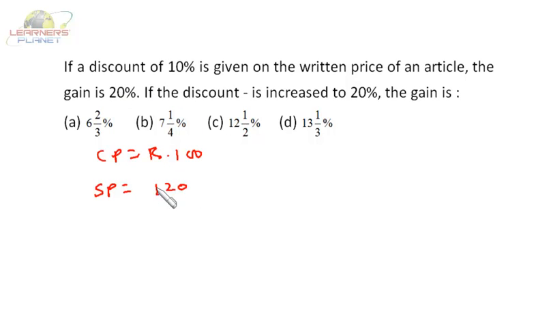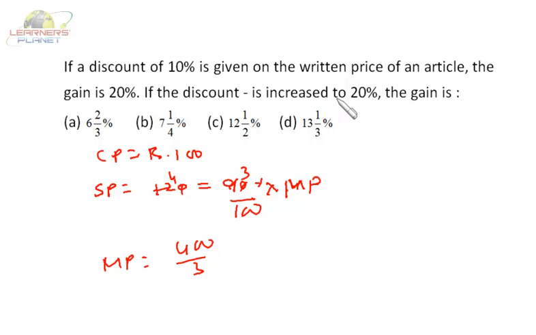And this is the selling price after 10% discount on the mark price. That means it is 90% of mark price. We can say 90% of marked price. So we can calculate the mark price. It's 400 by 3.